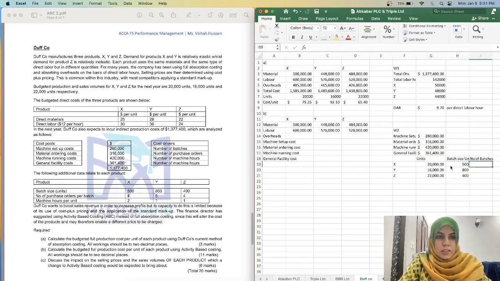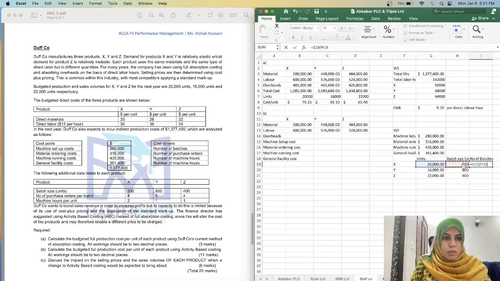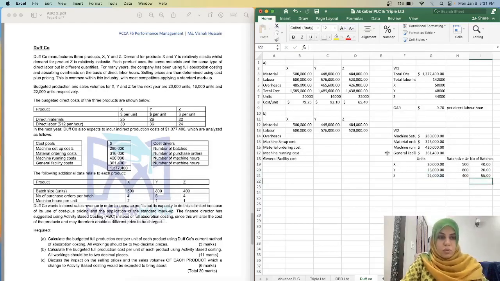by dividing units by batch size in units. So total becomes 115. Okay, now everything else is already given to you.